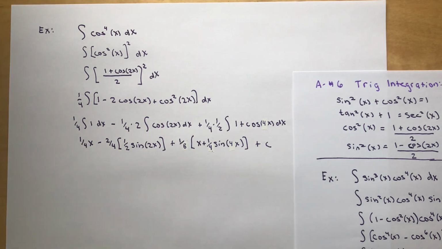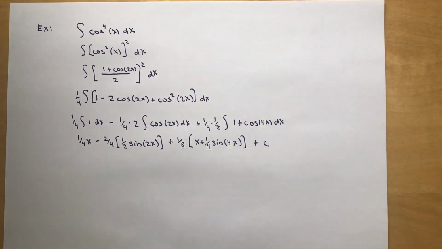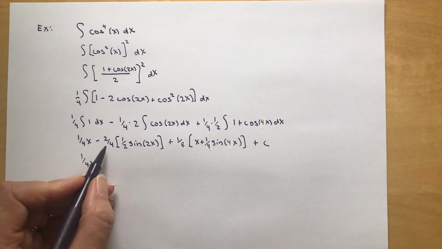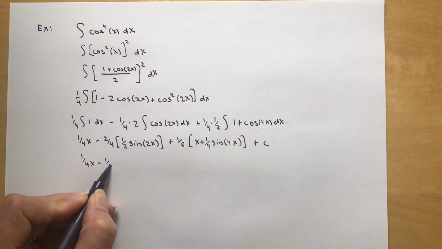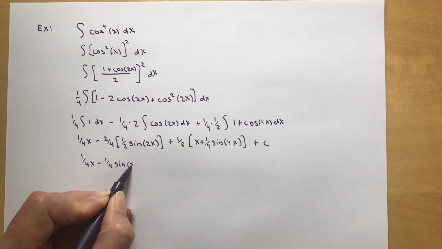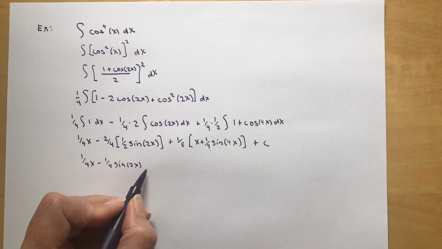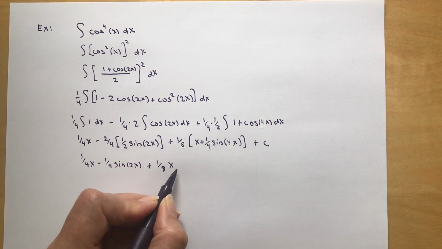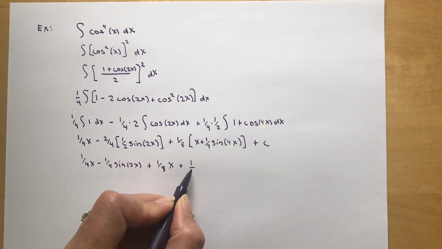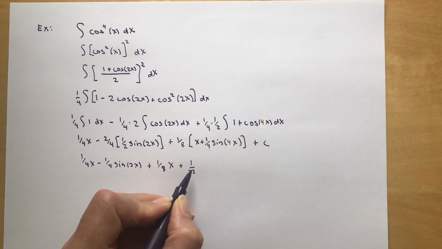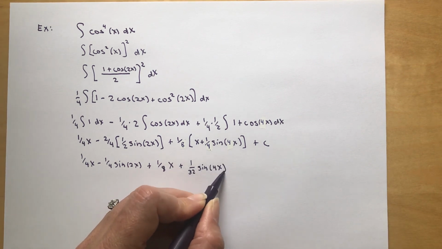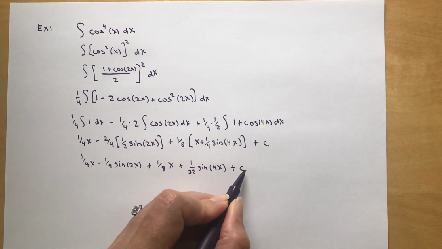Still not very nice. Alright, so cleaning that up a little, we've got 1/4 x minus, those 2's can cancel, so 1/4 sine 2x plus 1/8 x plus 1 over 32 sine 4x plus c.